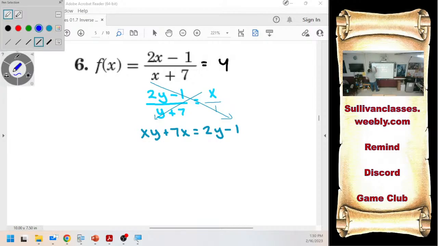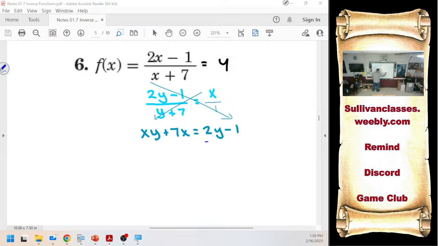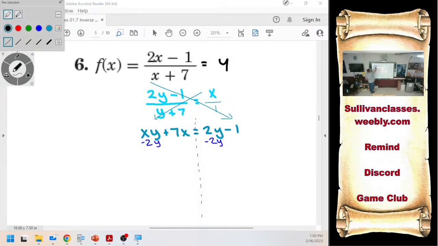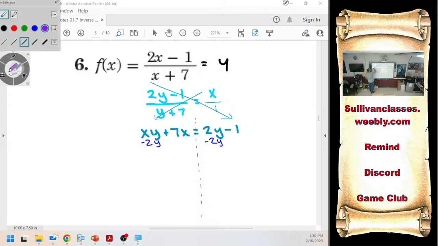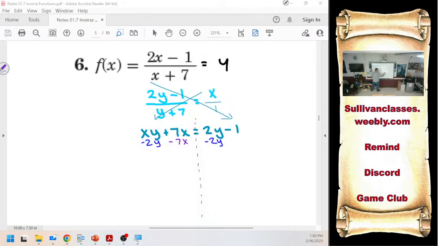If I need to write out this part, I will. Minus 2y, minus 2y. Like, if we got to go old school, if y'all need that dividing line down there so that we don't screw up which side things go on, this is what I do with my algebra.